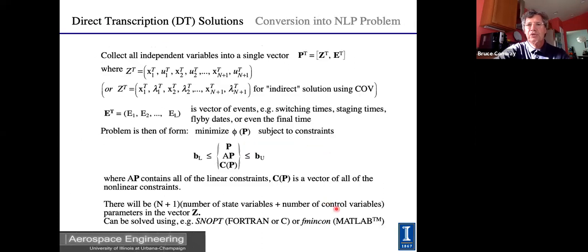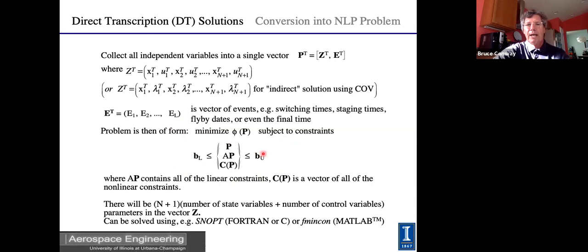So this just describes the nonlinear program. You have a long vector of all the states and all the controls. You may, in addition, have some discrete parameters like a launch date, or if you're looking at solving a launch vehicle problem, maybe the staging times, or in an interplanetary trajectory problem, some discrete parameters could be flyby dates, etc. And so this is basically a nonlinear program.